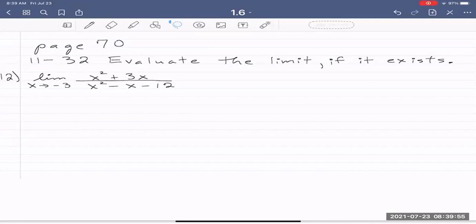So problem number 12. The limit as x approaches -3 of the quantity x squared plus 3x divided by x squared minus x minus 12.